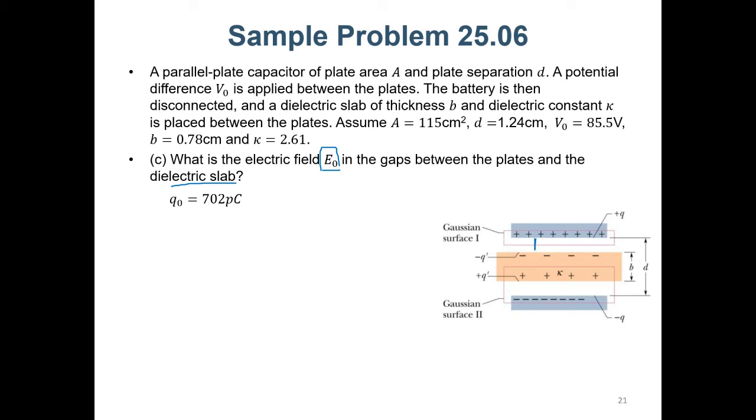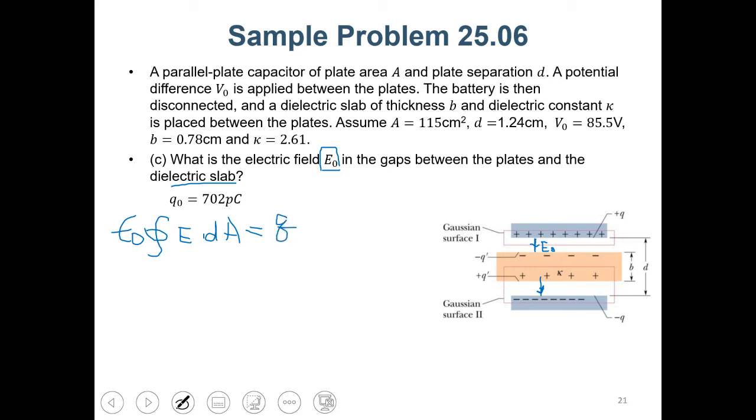So it should be pointing in this direction from the positive plate to the negative plate. So there should be E0 here, E0 here. So here we have epsilon naught integration of E dot dA equals Q. We just consider this Gauss surface 1.